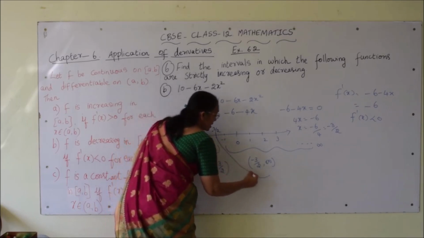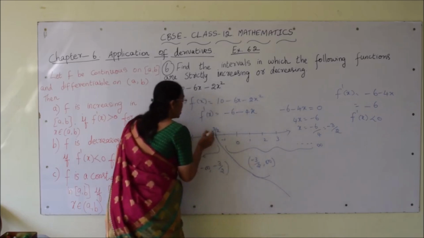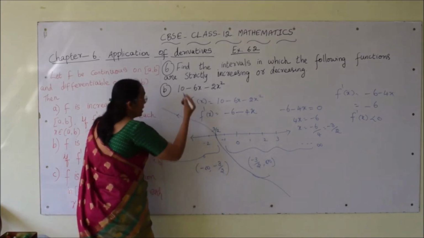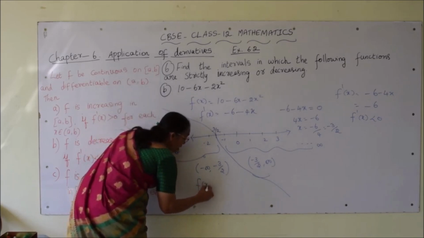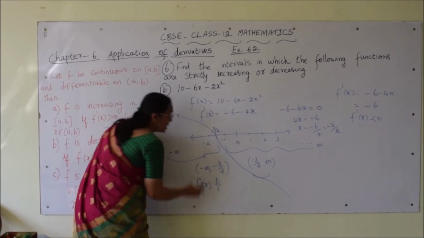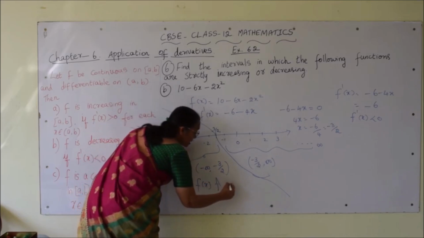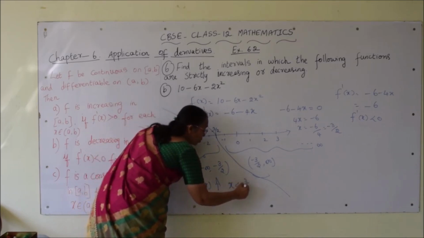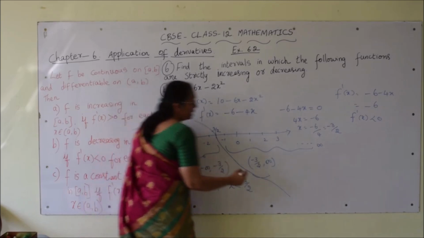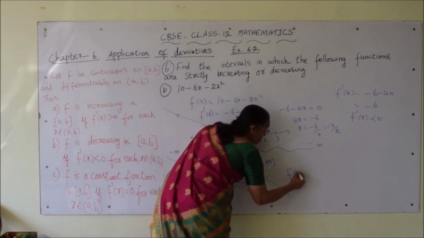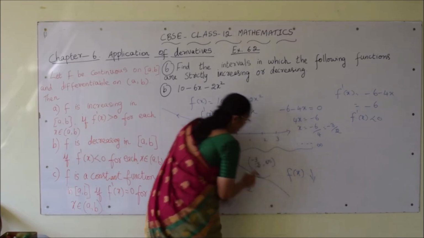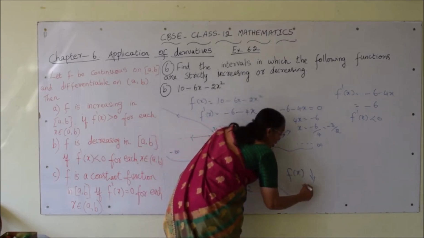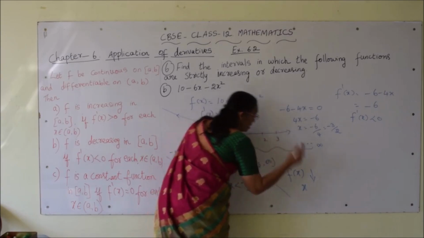So the function f of x is increasing for all x less than minus 3 by 2, and the function is decreasing in the interval minus 3 by 2 comma infinity, or for all x values greater than minus 3 by 2.